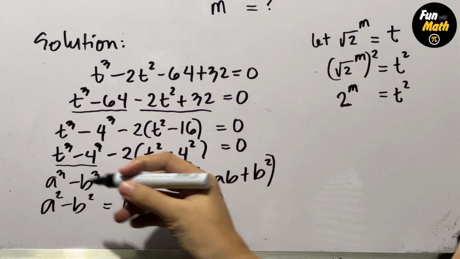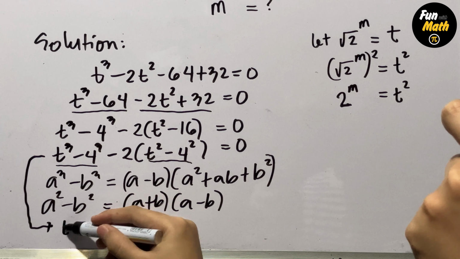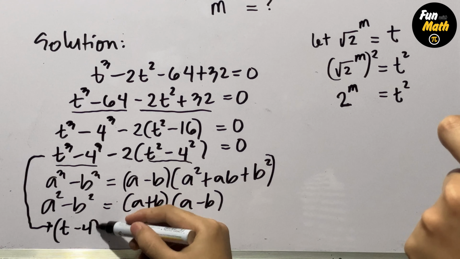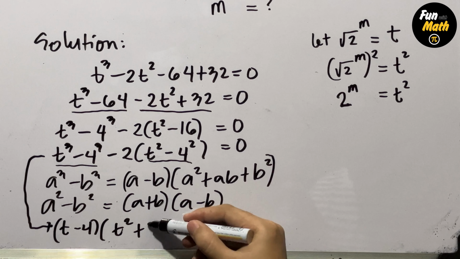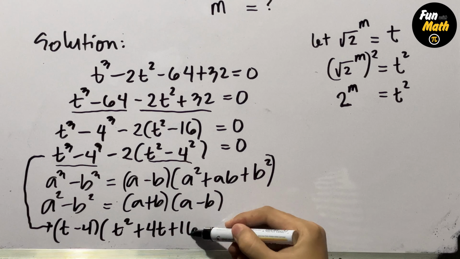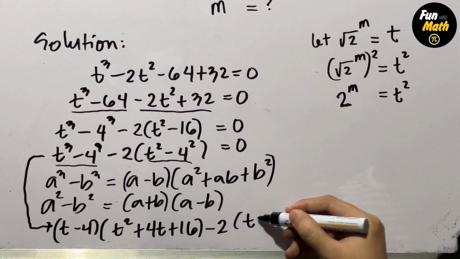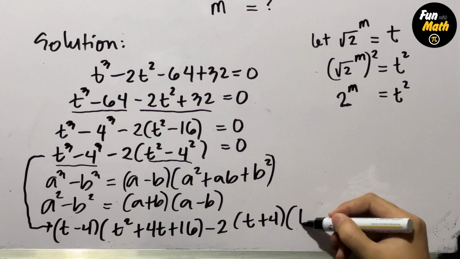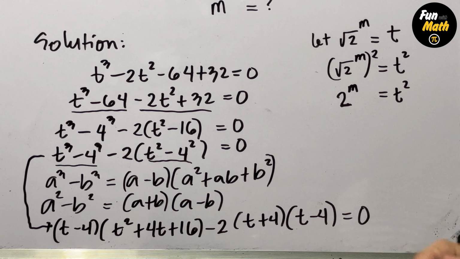So to write this, we now have t minus 4 times t squared plus 4t plus 16 minus 2 times t plus 4 times t minus 4 is equal to 0.